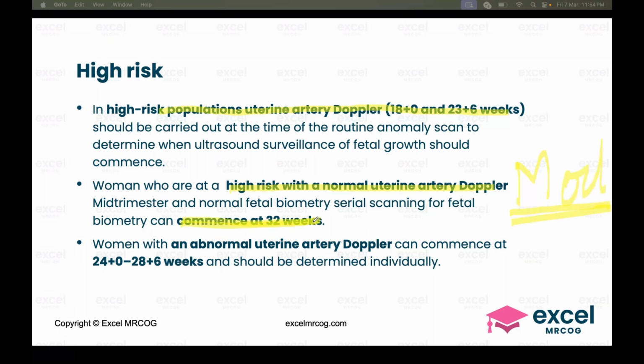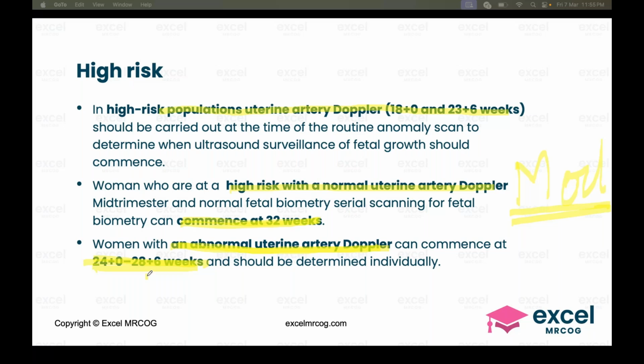So the same thing is done for those who have a normal uterine artery Doppler. While if the Doppler is abnormal, you start monitoring them between 24 to 28 weeks, 6 days, so from an earlier gestation as compared with those with a normal uterine artery Doppler. They behave like moderate. All right, so this is what we mean.